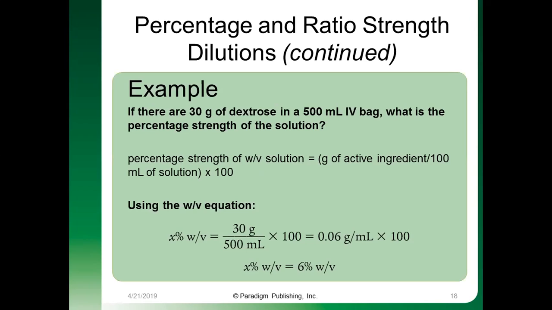So we're going to set up our problem. 30 grams over 500 milliliters times 100 will give us our percent. So that is equal to 0.06 grams per milliliter times 100. That'll give us 6% of a weight and volume solution.